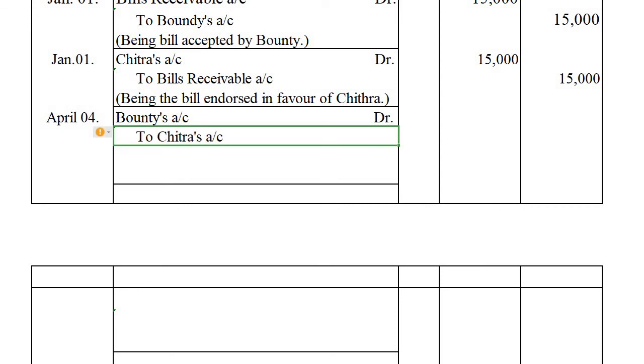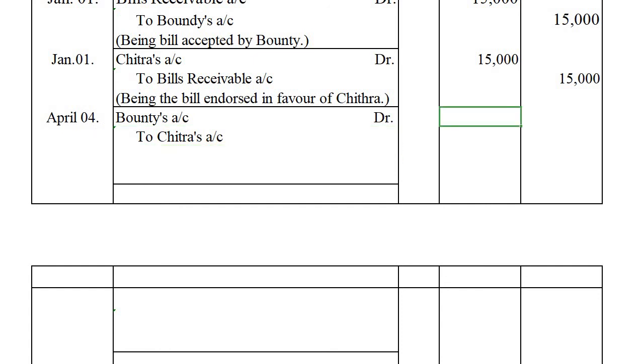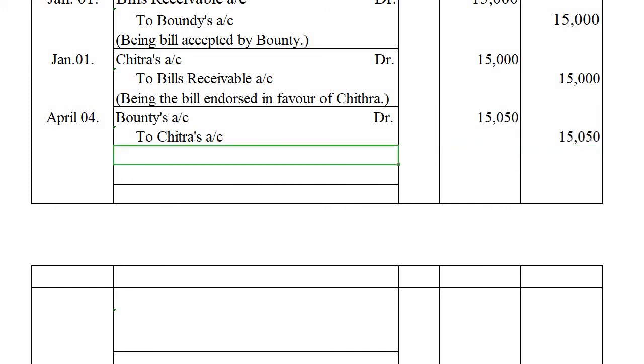So bounty debtor to Chitra, including noting charges. That means at dishonoring time also we will write the journal entry bounty debtor to Chitra. Noting charge also same journal entry only. So we are writing as a combined entry, just like in the case of discounting of bill, dishonored and noting charges paid.